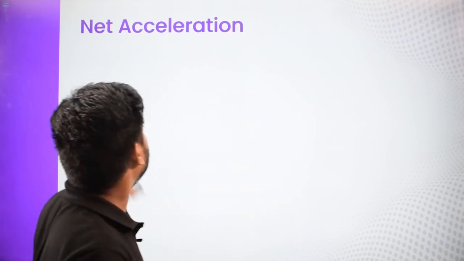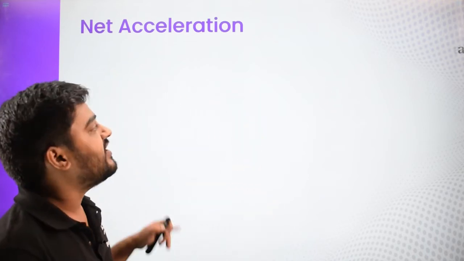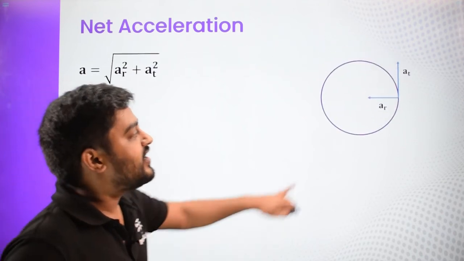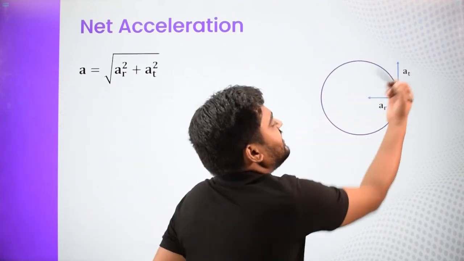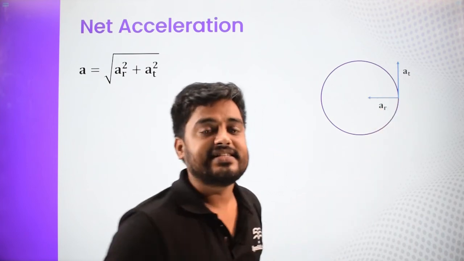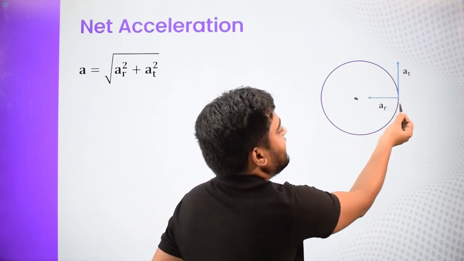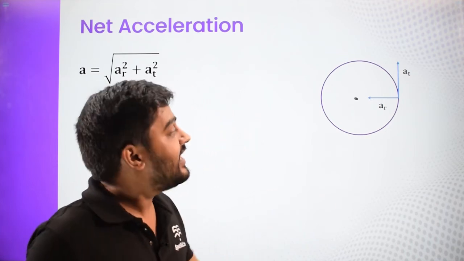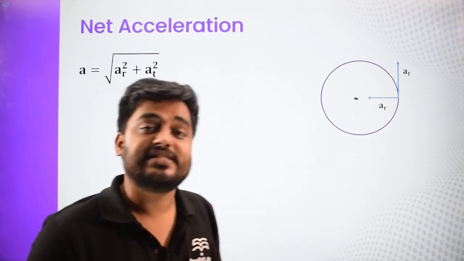If we talk about the overall acceleration, the net acceleration, there are two accelerations: AR and AT. AR is always directed towards the center. This is the center of the circle, and AR is directed towards that. AT is always tangential if it is present.